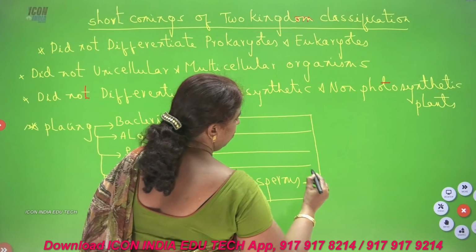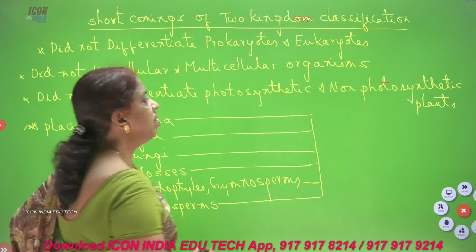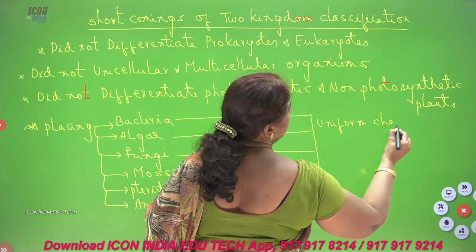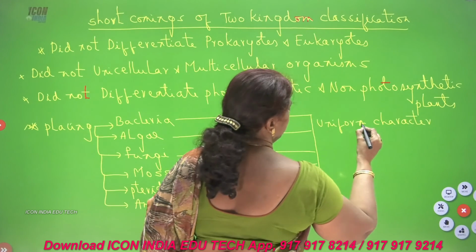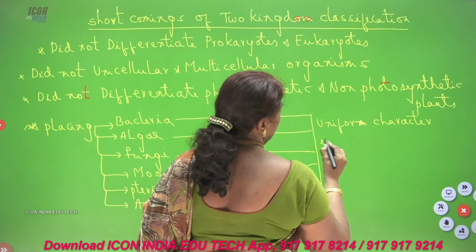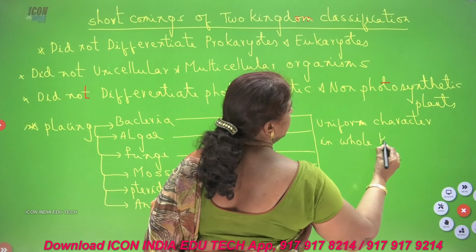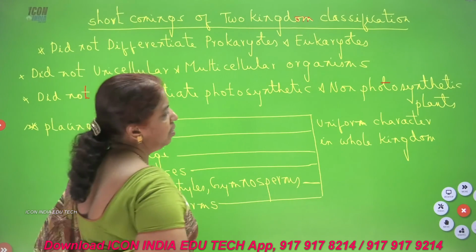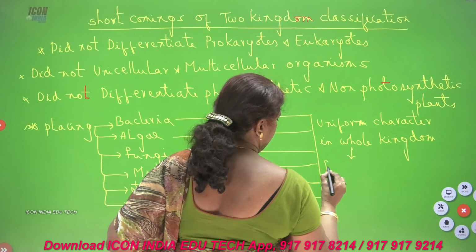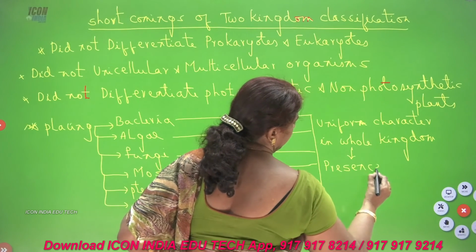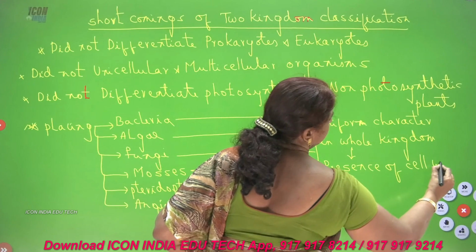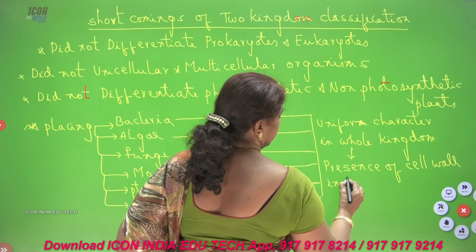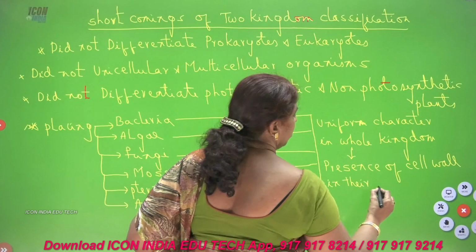The uniform character in the whole kingdom, which they ask in MCQ, is the presence of cell wall, the presence of cell wall in their cells.